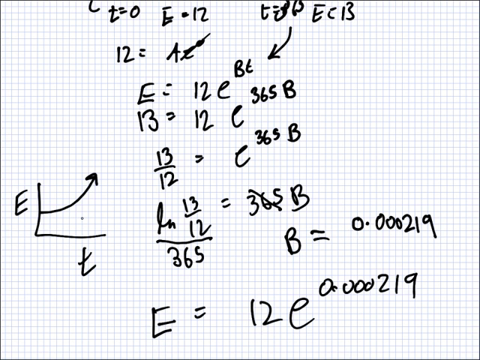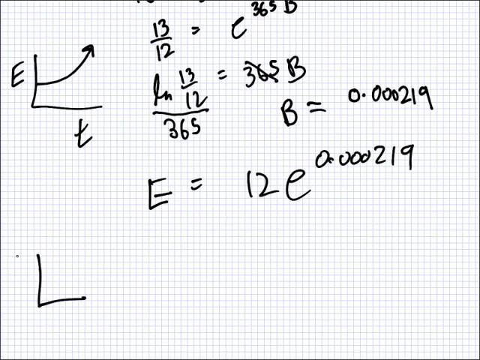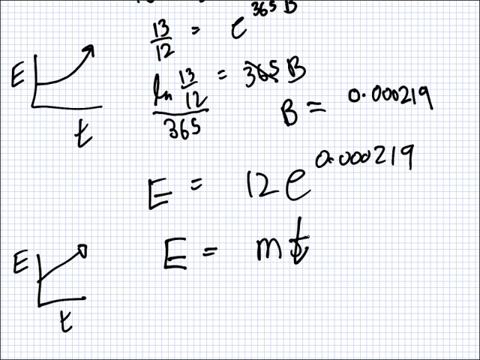For the next part of the question, they say, what if instead you imagine that the relationship is a straight line? So what would be the formula? It would be E equals something like mx plus c. Let me use mt plus c, because t is on the x-axis.